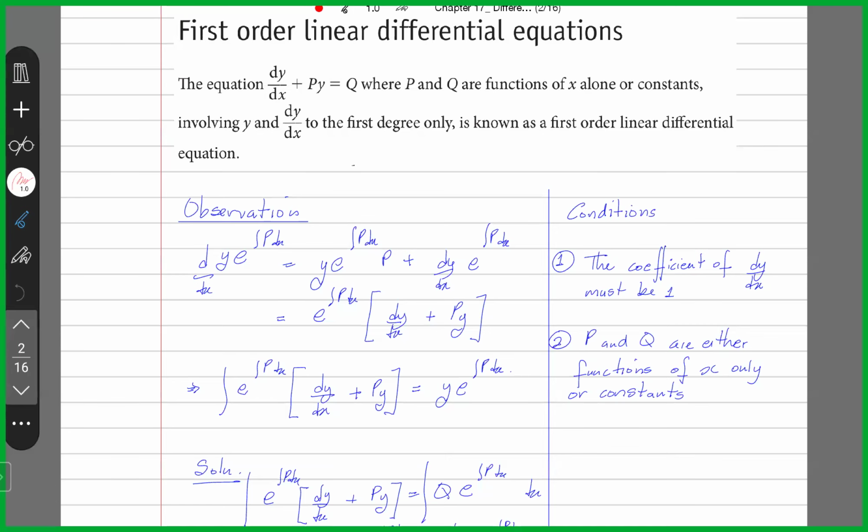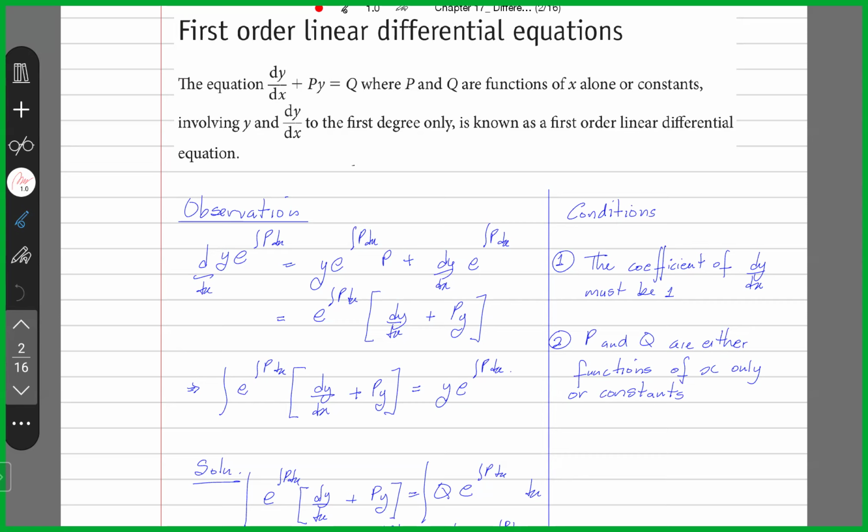All right, so next we're going to look at the first order linear differential equation. This says the equation dy by dx plus py is equal to q, where p and q are functions of x alone or constants.